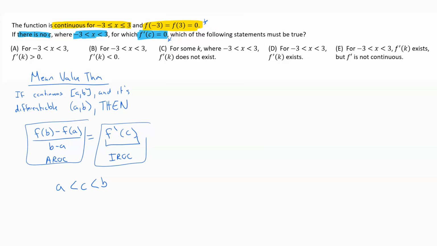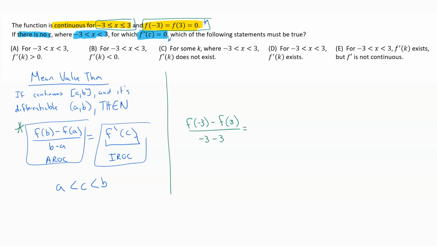So if I look at what I've got here, I have my closed interval and I've got the y values going with it. What I have is what's going on the left-hand side of this. So it's saying f of negative 3 minus f of 3 all over negative 3 minus 3.